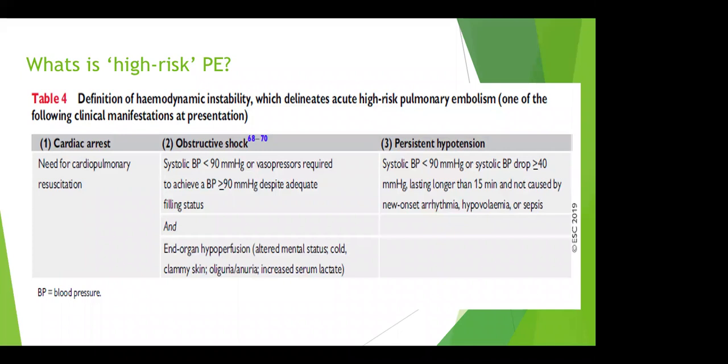Whether the patient requires inotrope or the systolic BP is less than 90 despite having adequate volume, that means even after fluid resuscitation, without any other complicating factor like arrhythmia, sepsis, or hypovolemia.